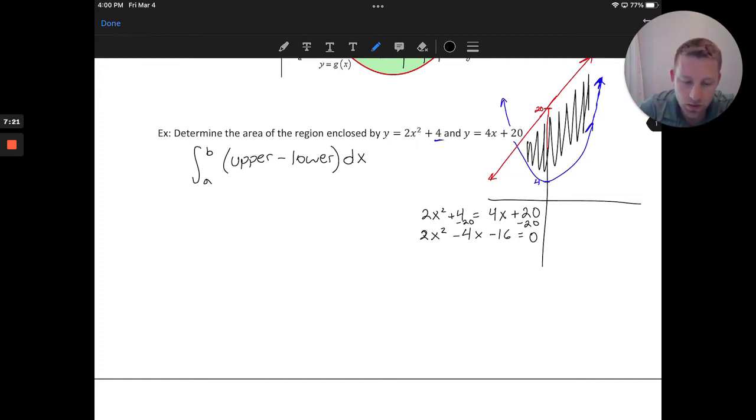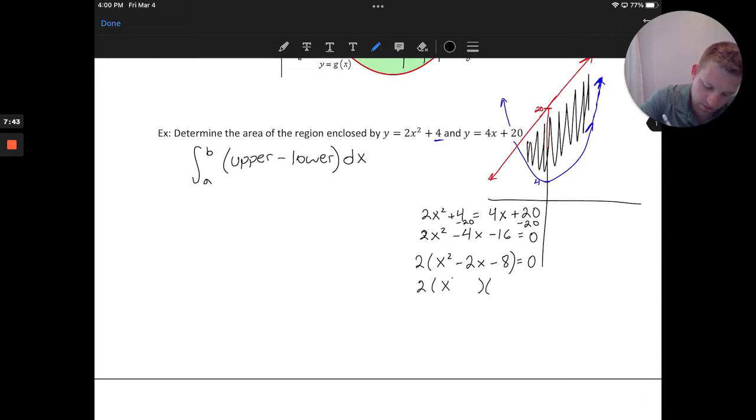And it looks like we can do a little bit of factoring here to get started. If we factor out a 2, we get x squared minus 2x minus 8 set equal to 0. And I believe this does factor cleanly for us, so we do have some bounds we can grab.